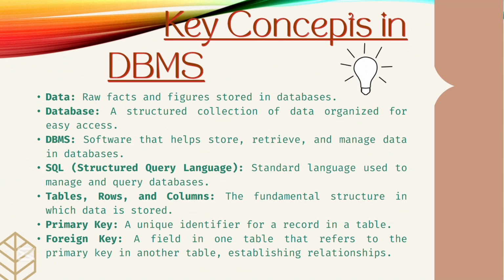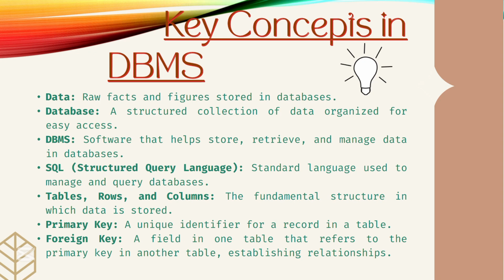Key concepts in database management systems. Before we begin, there are terms you should be able to explain. We begin with data. These are raw facts and figures stored in databases. Number two, we have the database itself, a structured collection of data organized for easy access.